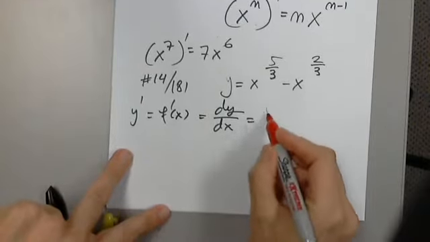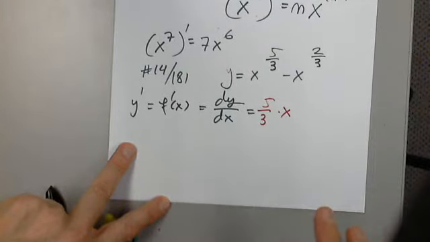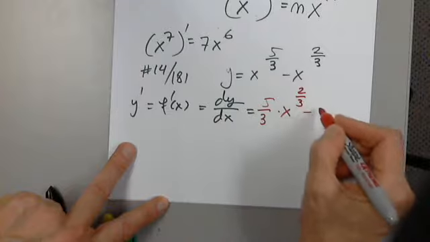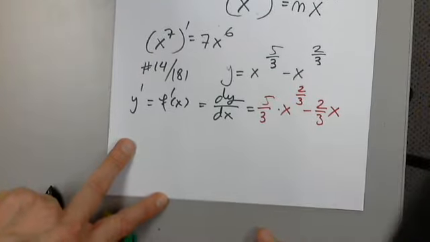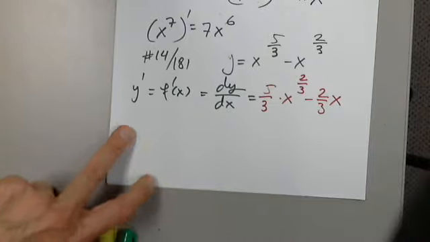Bring down 5/3 times x to which power? 5 over 3 minus 1, 5 over 3 minus 3 over 3. Very good. Awesome. Minus 2/3 x to the 2 over 3 minus 1, or 2 over 3 minus 3 over 3.